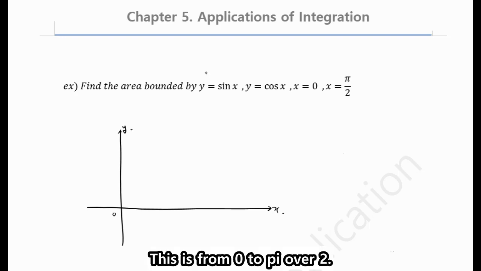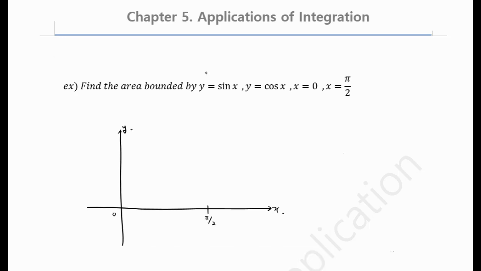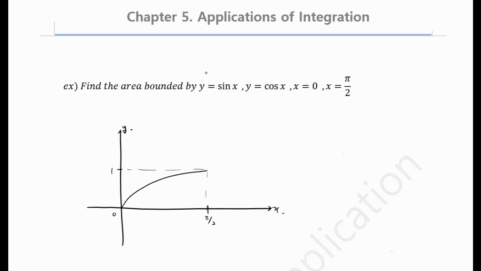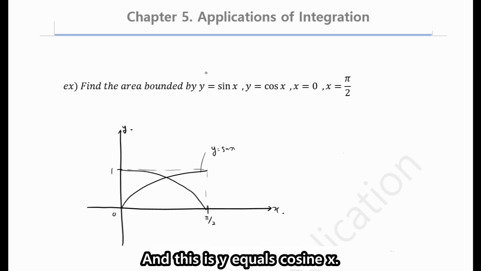This is from 0 to pi over 2. This is 1, and this is y equals sine x, and this is y equals cosine x.